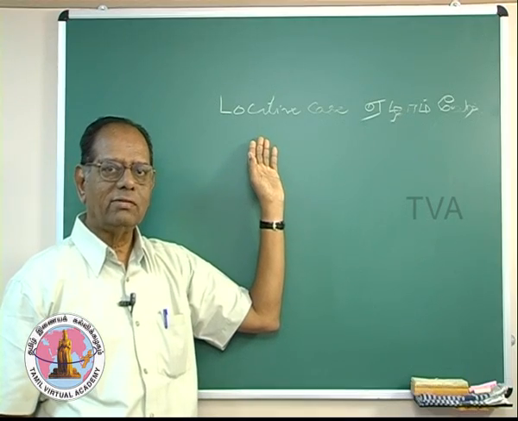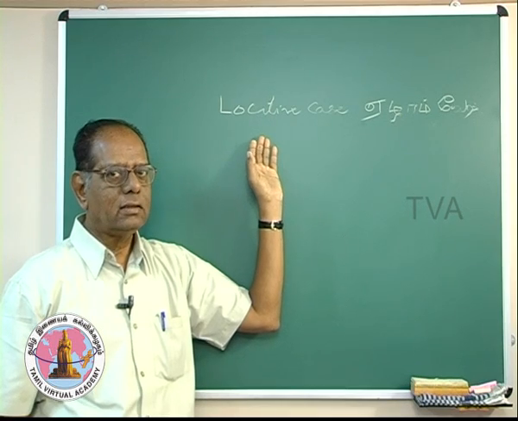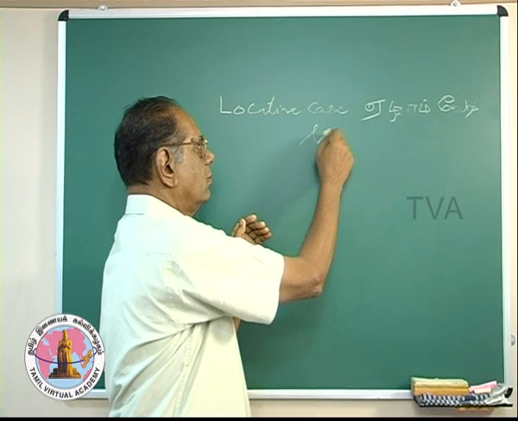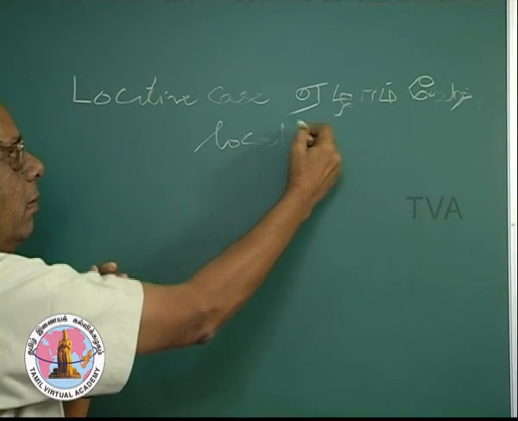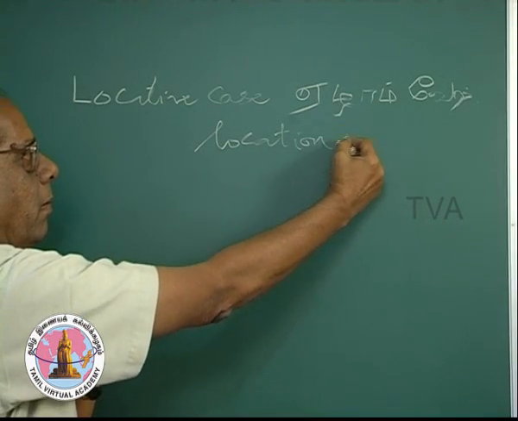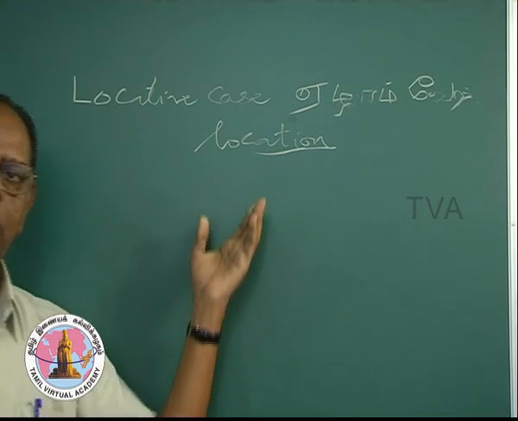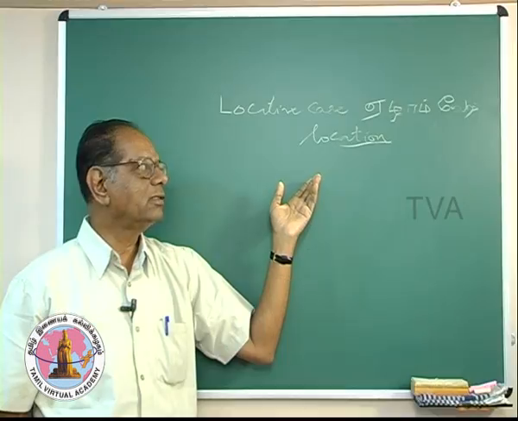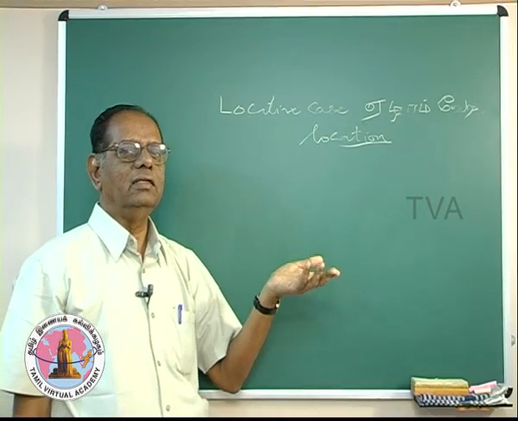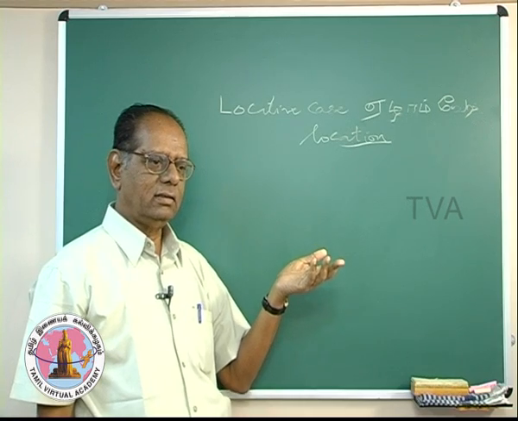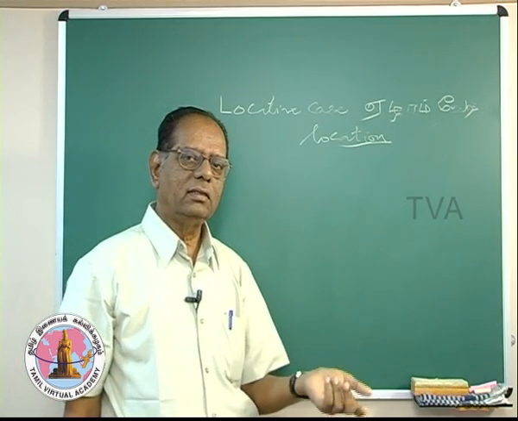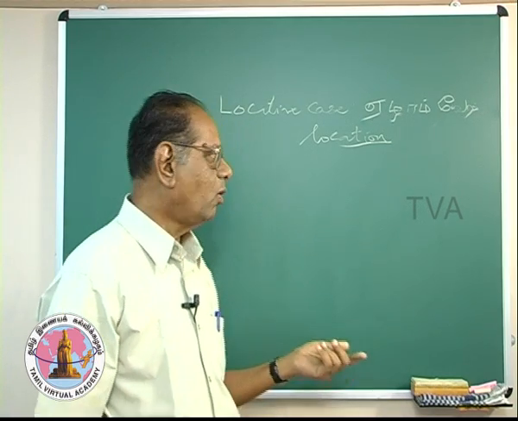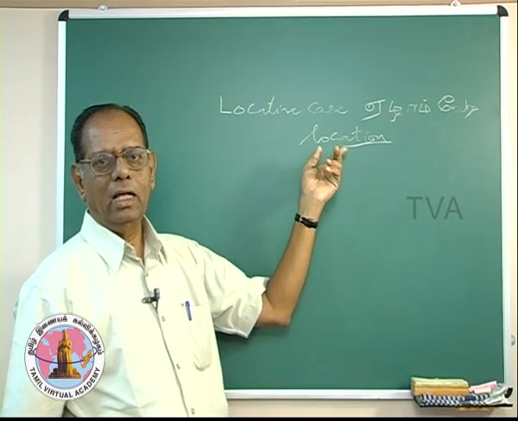As the name itself suggests, it determines the location. What is a location? A place. A place that is to be described precisely as, you say, inside, outside, upon, beneath, beyond, all these things come under location.